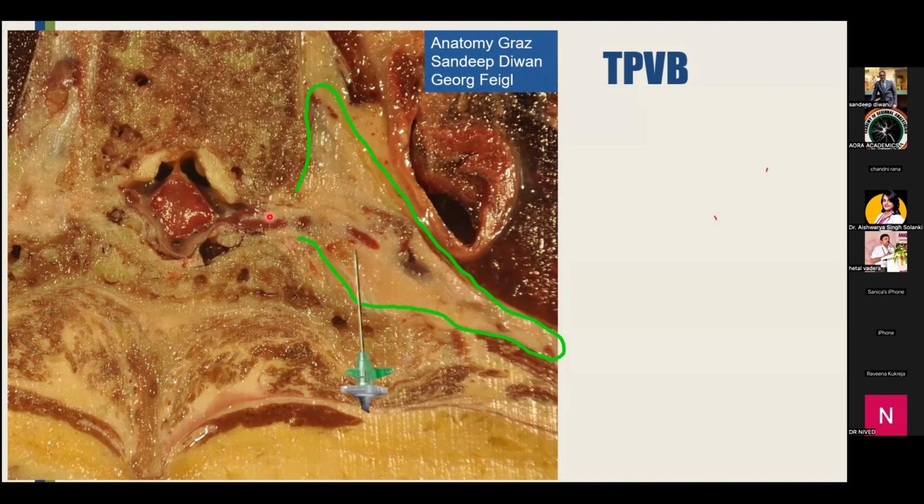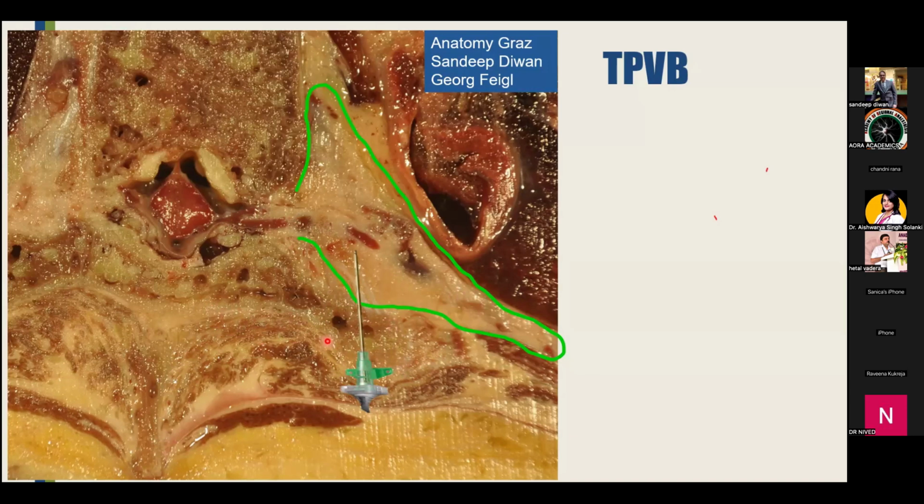Now, one thing to be remembered is that the dorsal rami usually exits around this area, and then it goes more dorsally and innervates the erector spinae muscles, the spinous process, part of the periosteum of the facet joint, and even the facet joint through the medial branches.